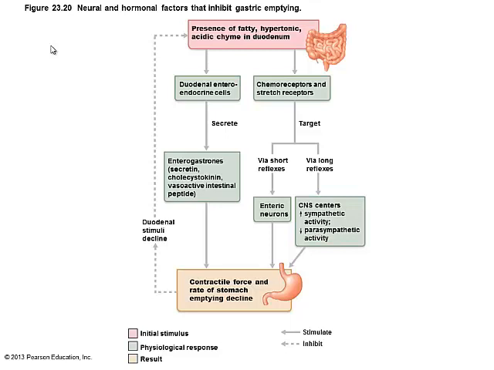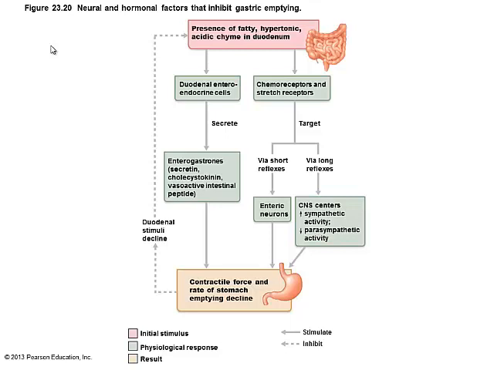So this diagram tells us a little bit about some of the different stimuli and inhibitory stimuli, but things that are going to inhibit certain movements throughout the system within the digestive process.